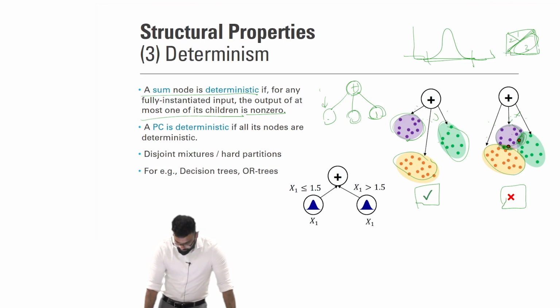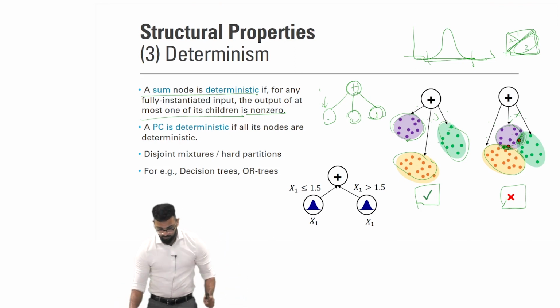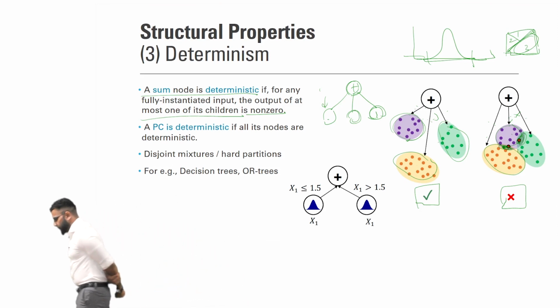Yep, decision trees. That's what you have here. The mixtures that he drew are just arbitrary mixtures. If they were axis-parallel rectangles, essentially you get a decision tree. Decision trees are great because they have this one property called single path semantics, which means for any given data point, you are guaranteed to go through only one path.